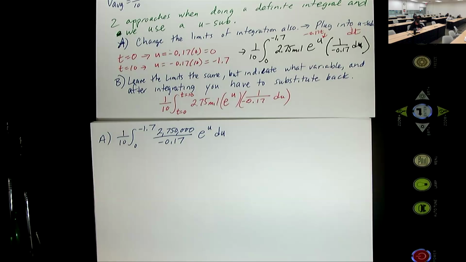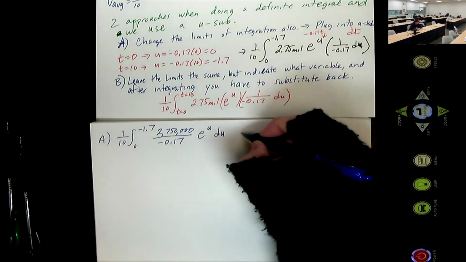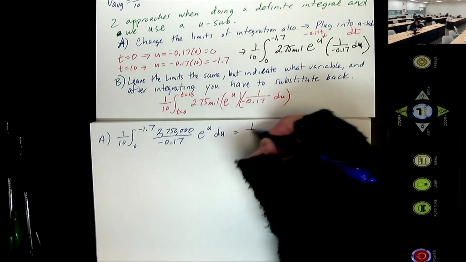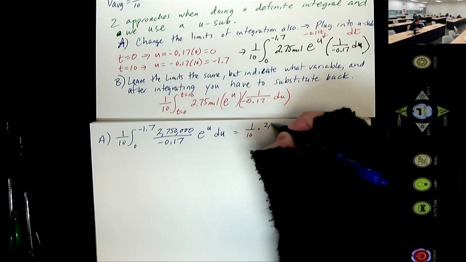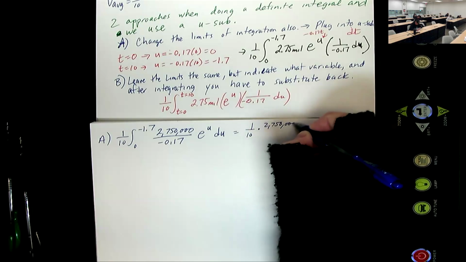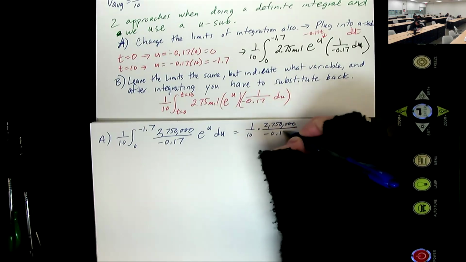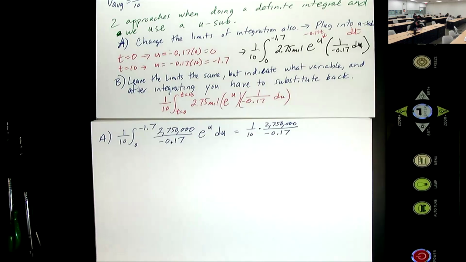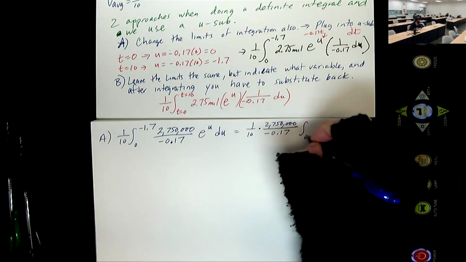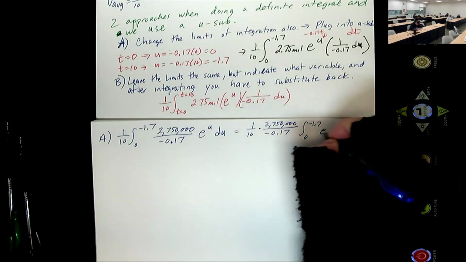And we can move that number out front, the 2,750,000 over negative 0.17, cause it's just a constant. 0 to negative 1.7 e to the u du.